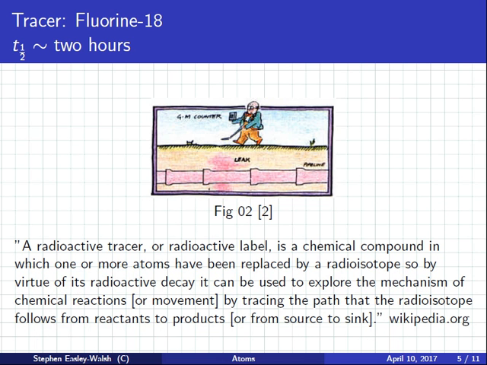But another application is, you've done products and reactants in chemistry. So you could also mix the fluorine or whatever it is with a product and a reactant. You can put them together and you might want to see how they interact, how they move.